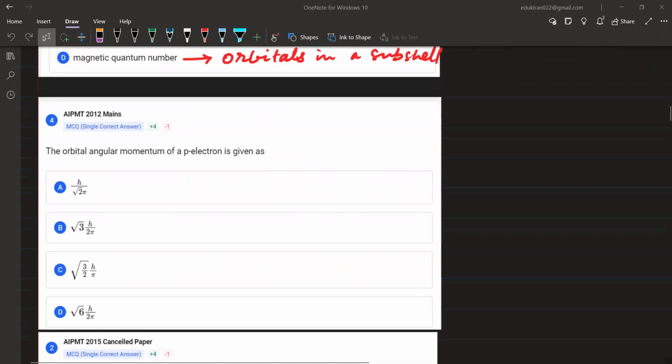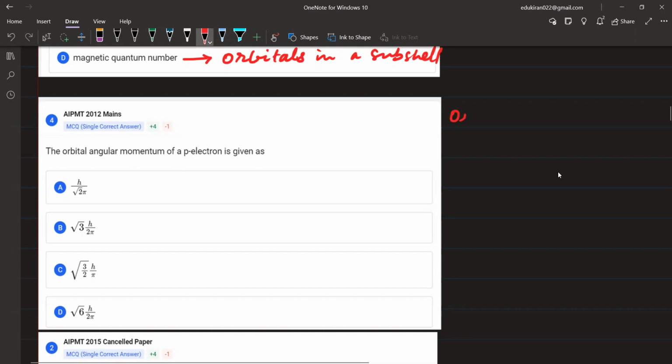Write this question. इस क्वेश्चन के लिए आप लोगों को थोड़ी थ्योरी चाहिए होगी। ठीक है, so please write this.